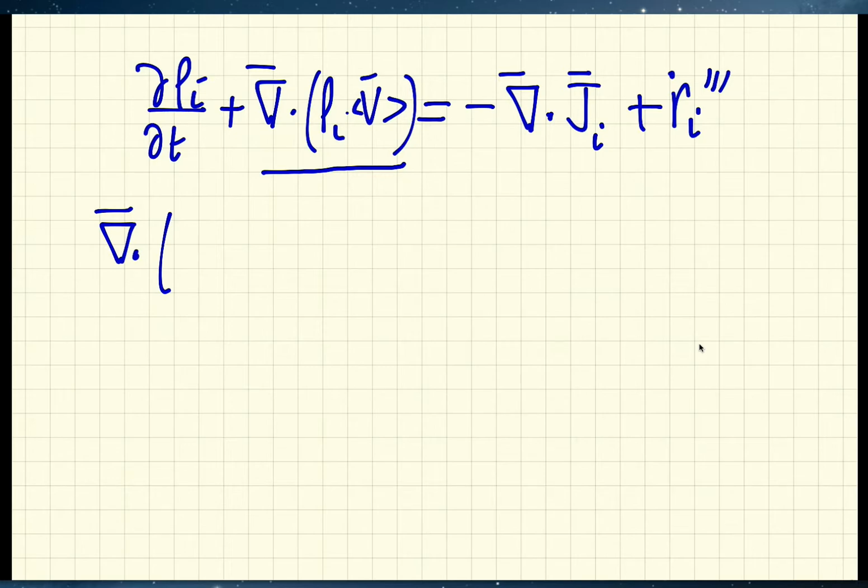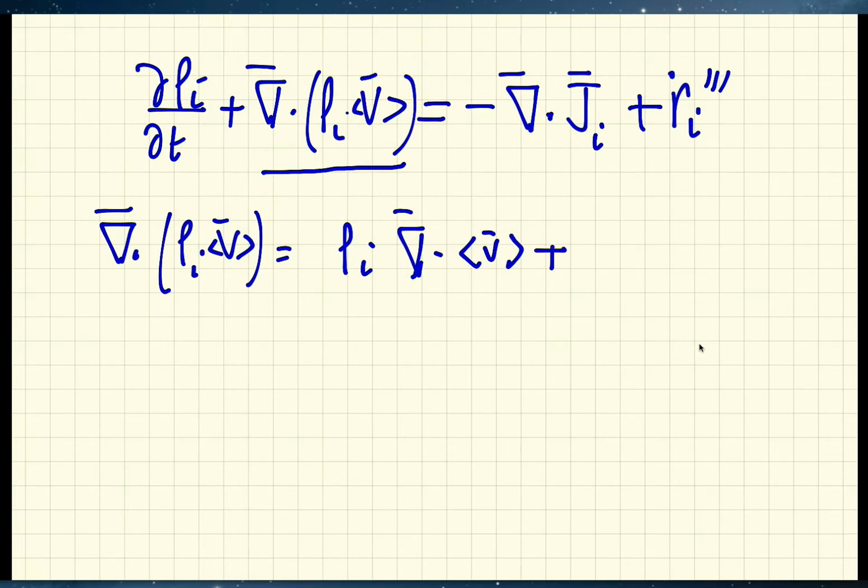The divergence of rho I v average is equal to the first times the derivative of the second, which is the divergence of v average, plus the second, which is v average, times the gradient of the first. So we have v average dotted with the gradient of rho sub I.